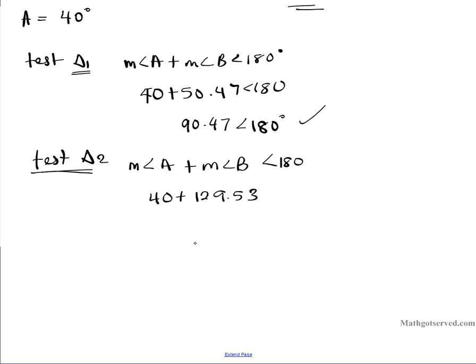I get 169.53, and that's less than 180. That's excellent because we still have some measure for angle C. If it were 180 or bigger, then that would fail. So guess what? How many triangles do we have? We have two triangles.